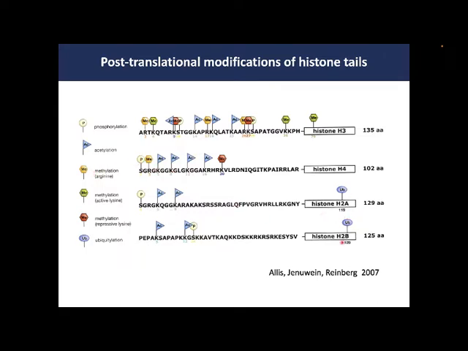H2A and H2B tails are modified too, and these modifications include phosphorylation, acetylation, methylation, and ubiquitination. Various types of these post-translational modifications change the characteristics of the histone tail, and also recruit many histone modification-specific binding proteins which alter the properties of the chromatin.